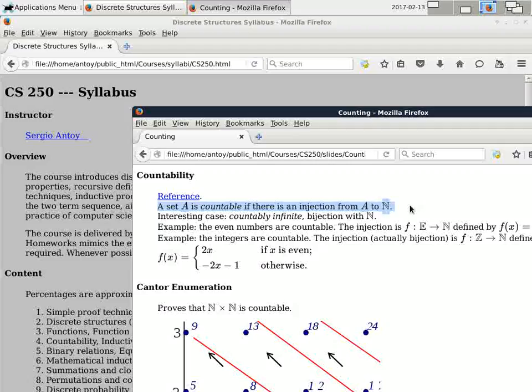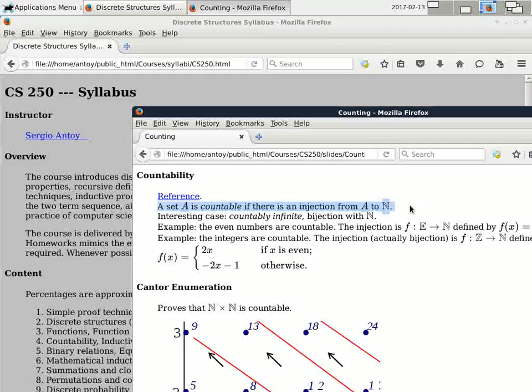Now we are going to see a bunch of examples. All right? Even numbers. Are the even numbers countable? Yes. Why? For many reasons, but a trivial one is that you can count them: 0, 2, 4, 6, and you keep going on.